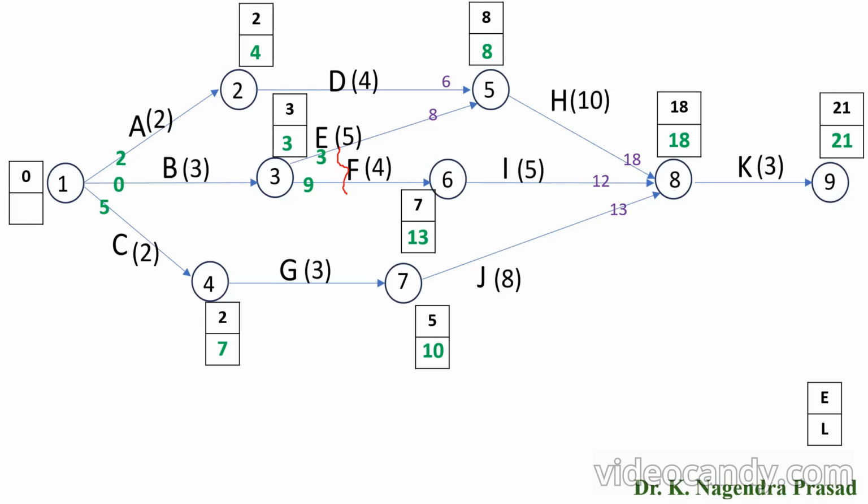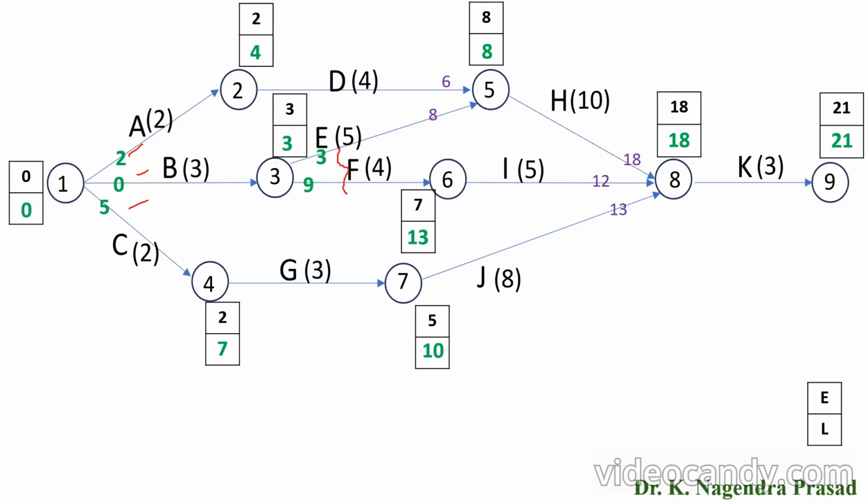Here observe that event 1 is the burst event for the activities A, B, C. In this condition, we consider the latest start time at event 1 as the minimum value among 2, 0 and 5. Here the minimum value is 0, so the latest start time at event 1 is 0.